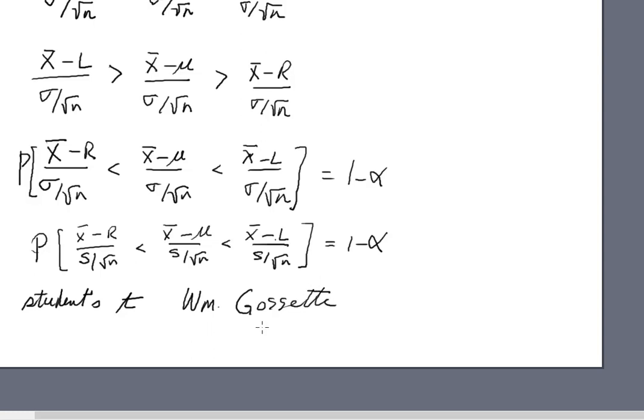And William Gossett was a brewer and a statistician, an experimenter working for the Guinness Brewing Company in Dublin, Ireland. I want you to look up William Gossett in Wikipedia, and you'll get a nice photograph of William Gossett and the names of his children. Actually, I think it's 3 children. His wife and 3 children, his birth date, and the date of his death. And you'll learn more about William Gossett.